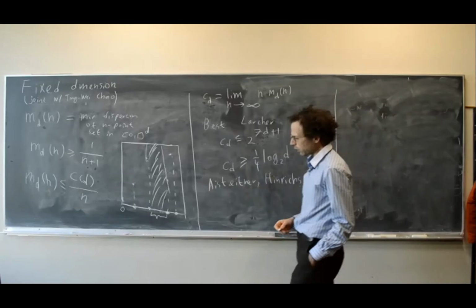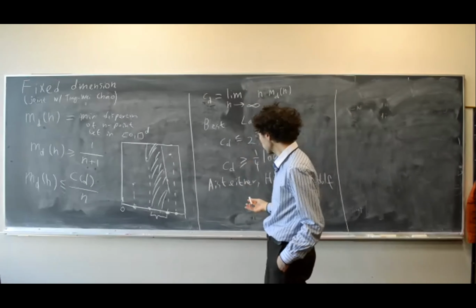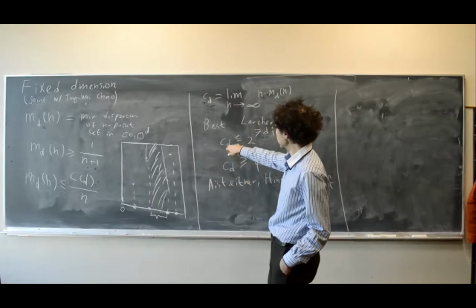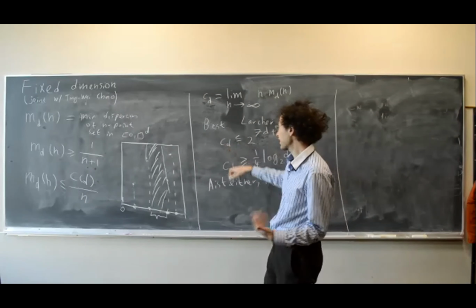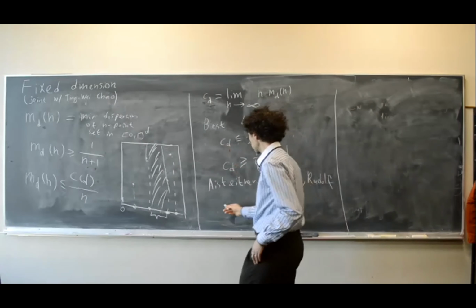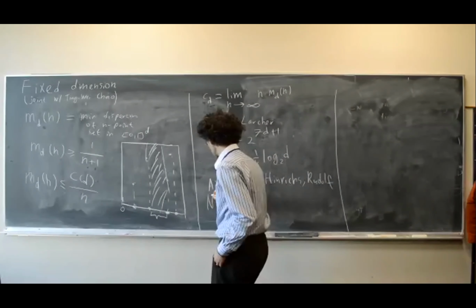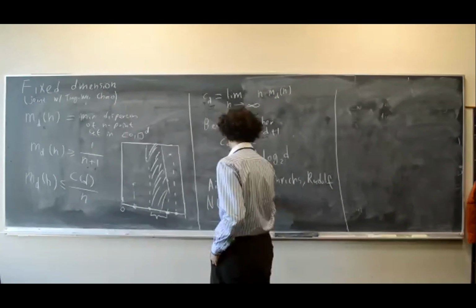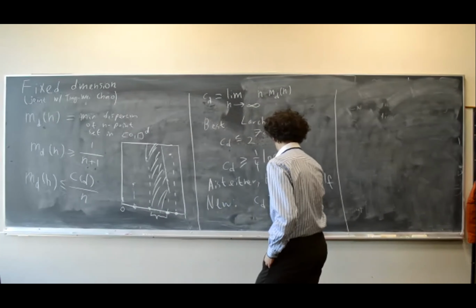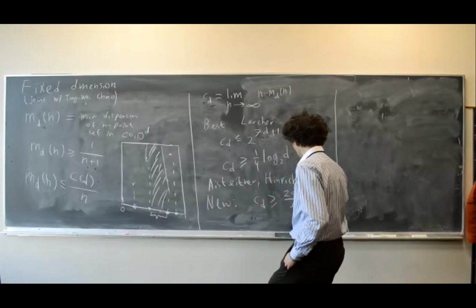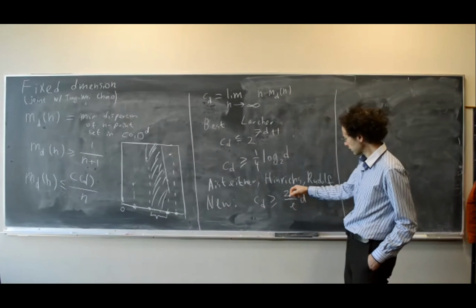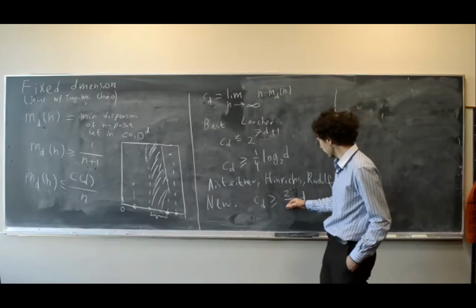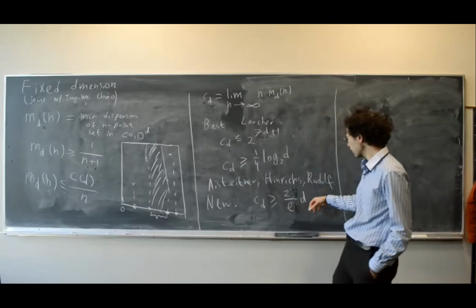So what we managed to do, we managed to show that this quantity C of d grows polynomially with d. So what we can prove is that the lower bound is linear in d. Again, the constant is 2 over e in large dimensions.